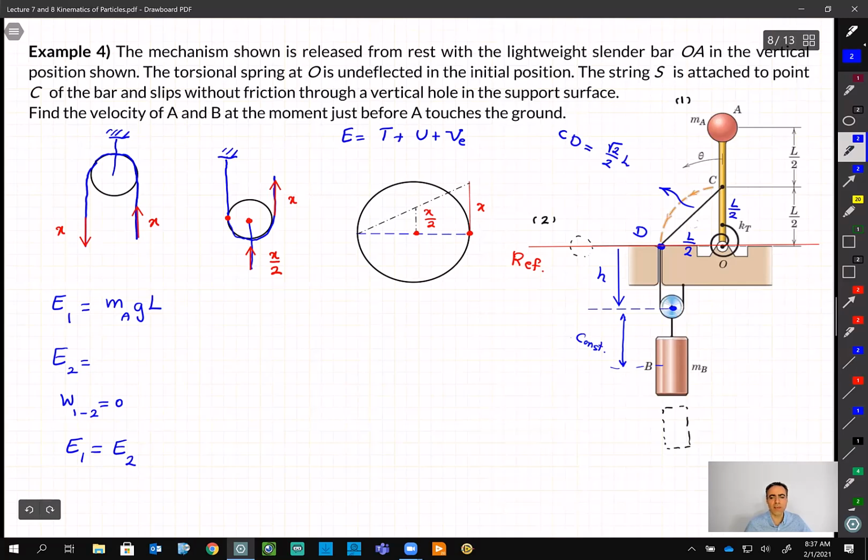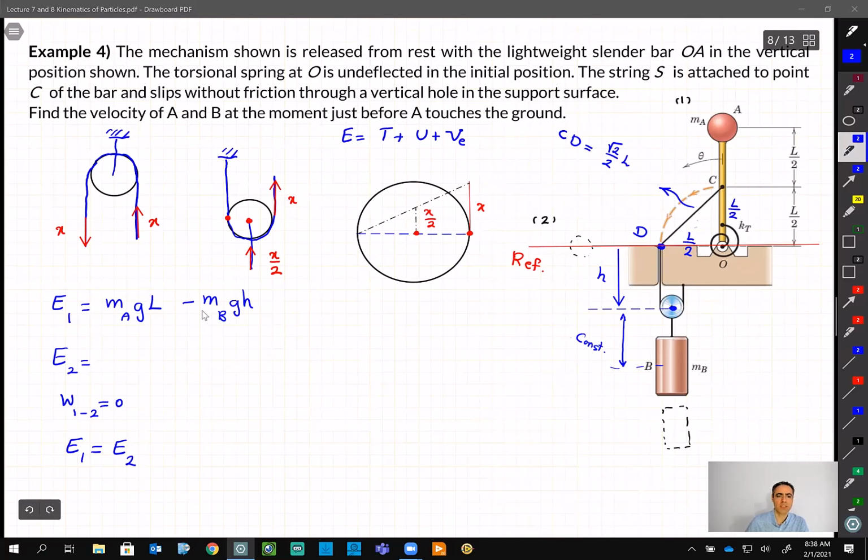Or in another way, we can think of all this mass B as a point mass at the center of this pulley. Or you can just put a name for it. That's fine. So how much energy do I have for B? MB, G, H. This is all the energy that I have at position 1. Do you guys agree with that? I'm going to check the chat to make sure that everybody agrees.